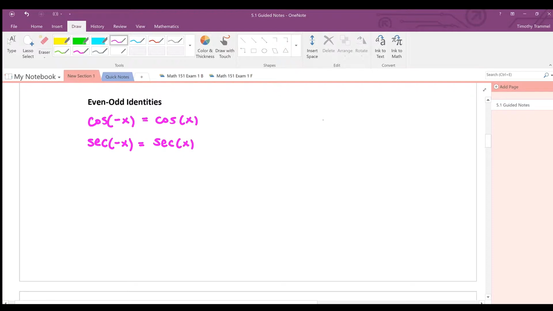All right, and the other 4 are all odd. So we have sine of, say, minus x. Well, this is going to be equivalent to minus sine of x. And then we have next cosecant, and then from here we have tangent and cotangent.